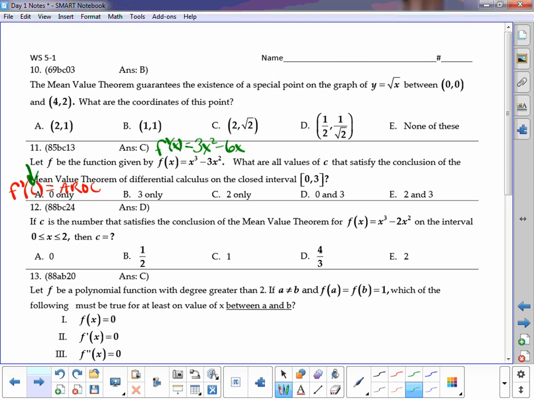So that's my derivative, and I want to find when that equals the average rate of change. Remember, average rate of change is just my algebra 1 slope. So for this particular one, it'd be f of 3 minus f of 0 over 3 minus 0. Are we good with what I'm doing here? Okay. So we need to actually find f of 3 and f of 0.